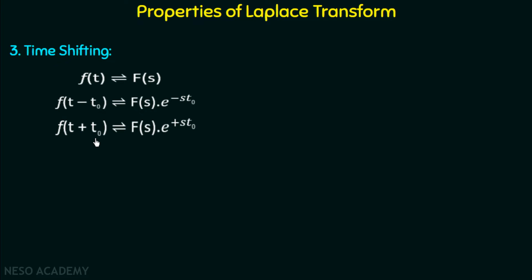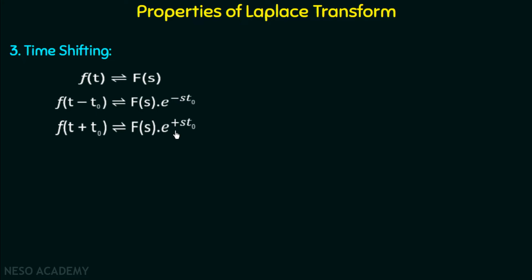So by the time shifting property, we can say that the shifting in time domain is the exponential multiplication in the frequency domain with the same sign. If we perform the right shifting, then this negative sign will be the same in this particular exponential function. And if we perform the left shift, then this positive sign will be the same in this exponential function.